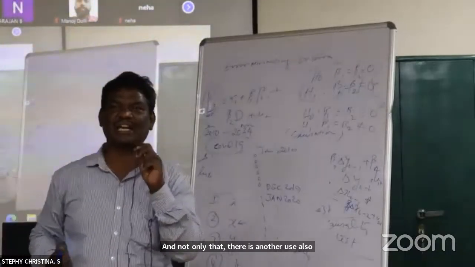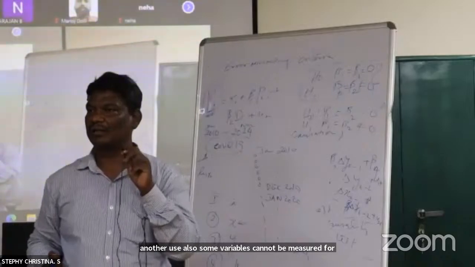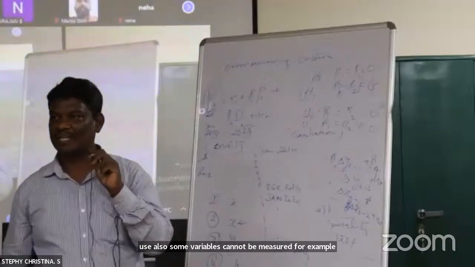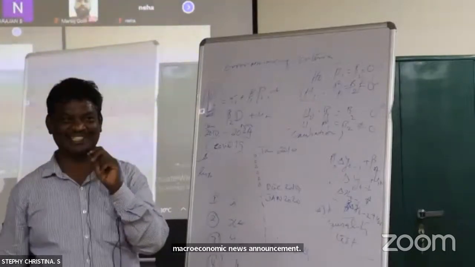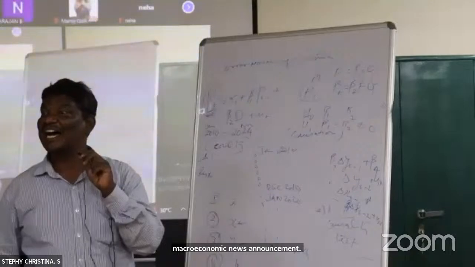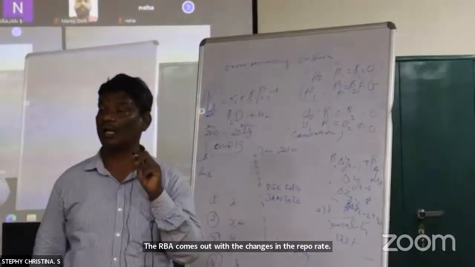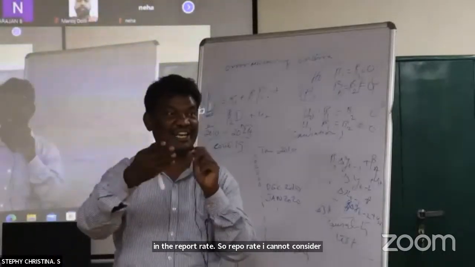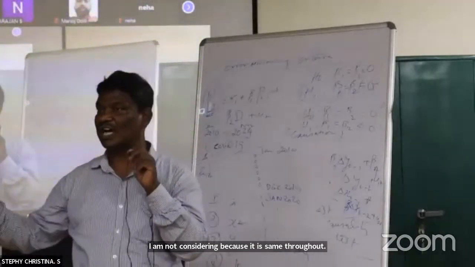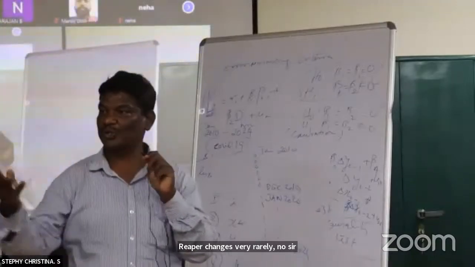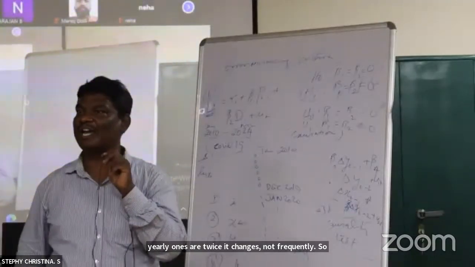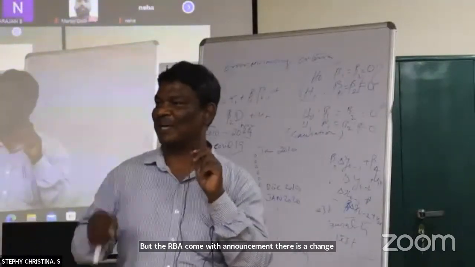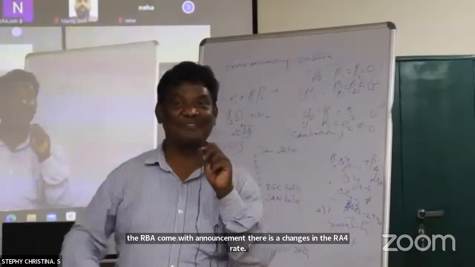Some variables cannot be measured. For example, macroeconomic news announcements. The RBI comes out with changes in the repo rate. The repo rate I cannot consider as a variable because it is the same throughout. It changes very rarely, once or twice a year, not frequently. So there is no change in the variable. But when the RBI comes with an announcement, there is a change in the repo rate. So how to capture it? Incorporate a dummy variable.